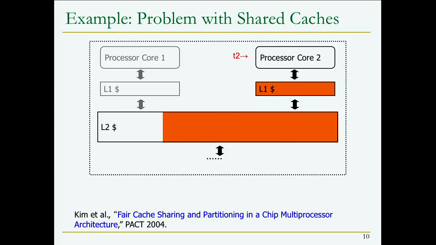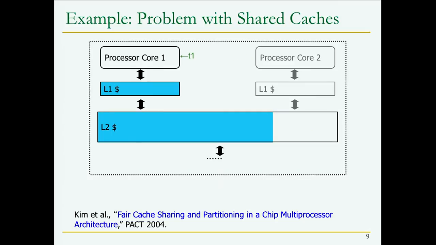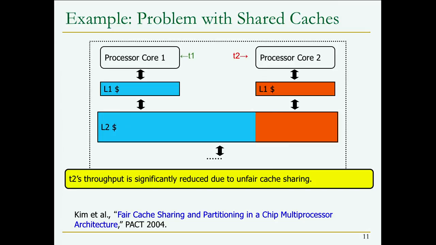And this other thread requires this much of the shared cache when it's running alone. When they run together, it turns out that this thread occupies more of the cache. Basically, it gets its share almost, whereas it's not allowing the other thread to get its share because we have free-for-all sharing. As a result, this thread's throughput is significantly degraded because we have unfairness in the cache.